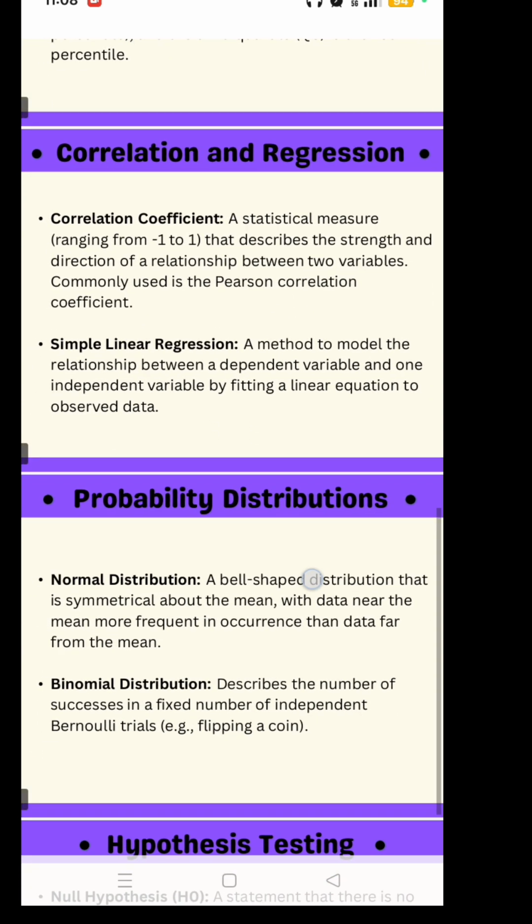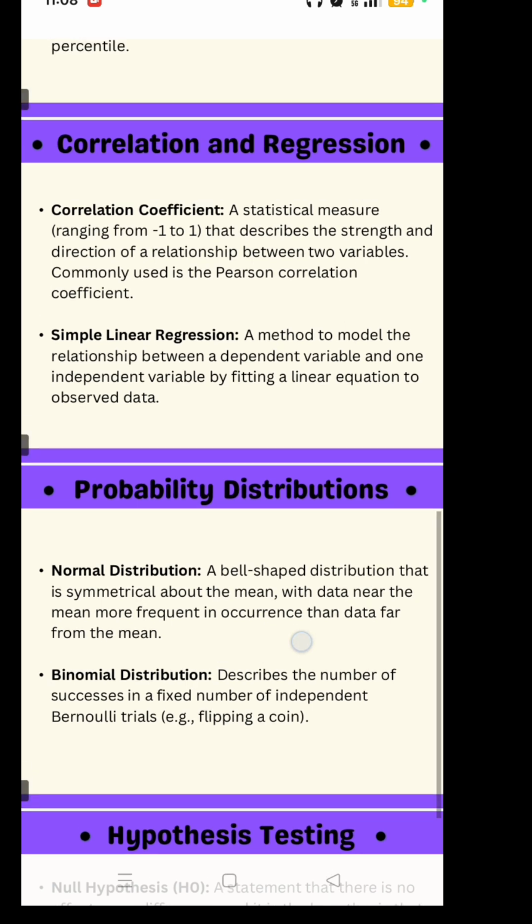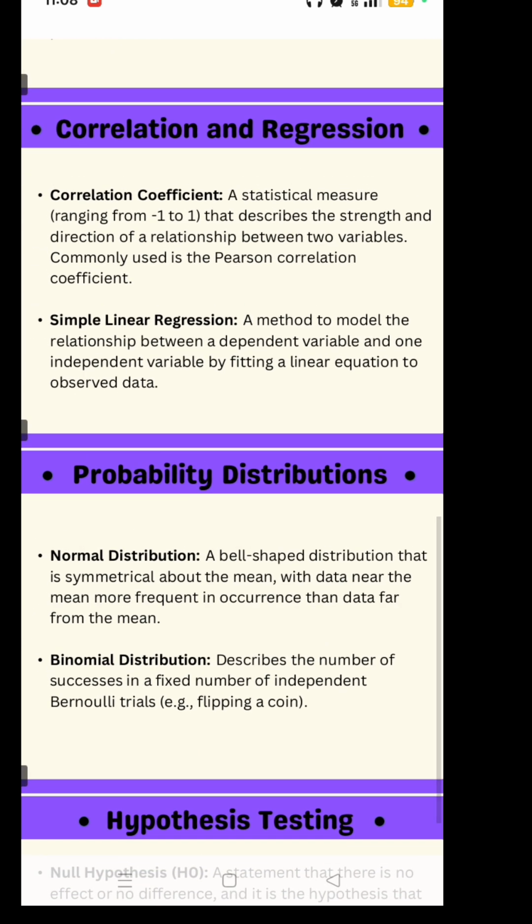Next, coming to correlation and regression, this aspect plays a very important role. Here, how the variables are related to each other we can understand by using the concepts of correlation and regression. Correlation is a statistical measure ranging from -1 to +1 that describes the strength and direction of a relationship between two variables.